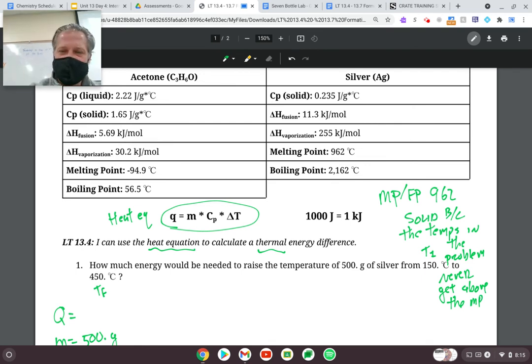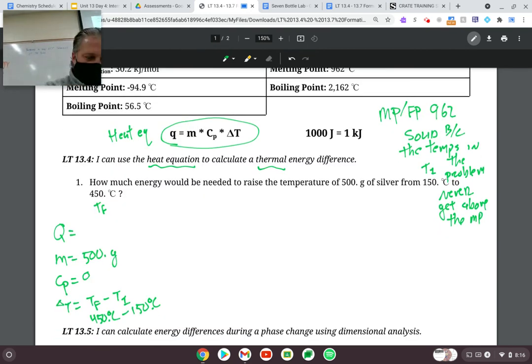That tells me this is going to be a solid. So the CP I have to use here is 0.235, because that's the specific heat of a solid: 0.235 joules per gram per degree Celsius.